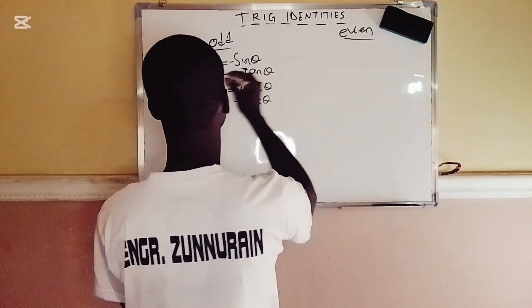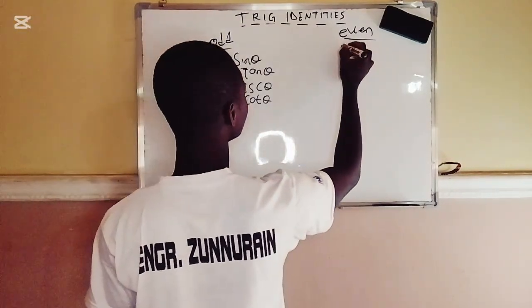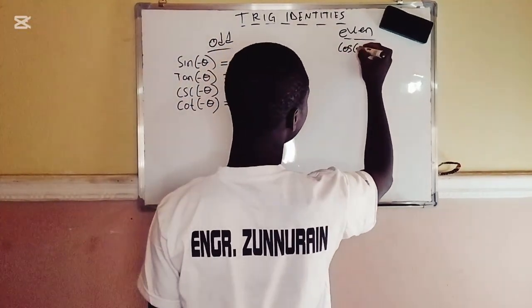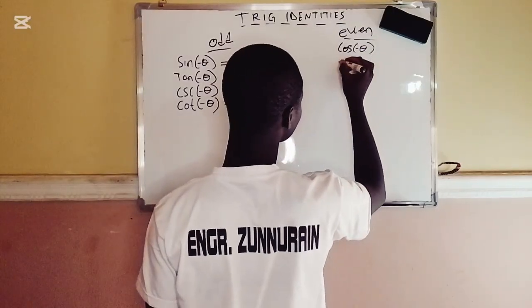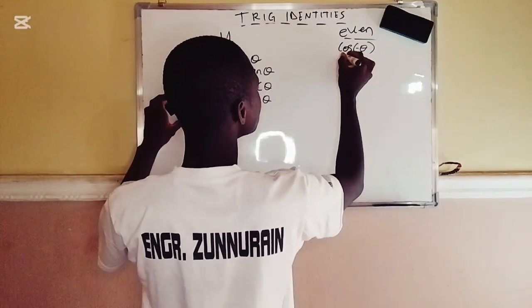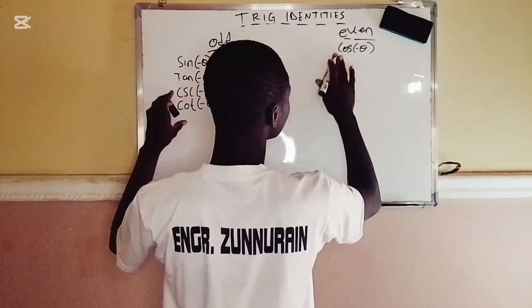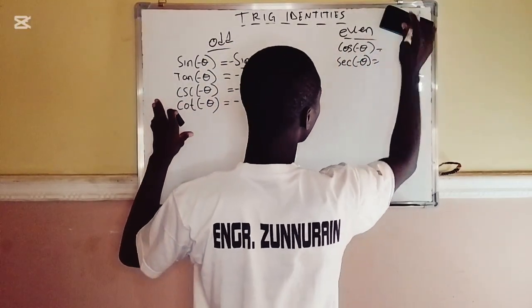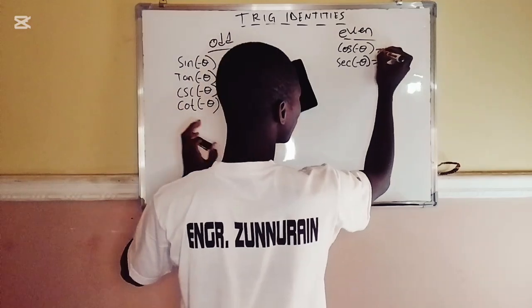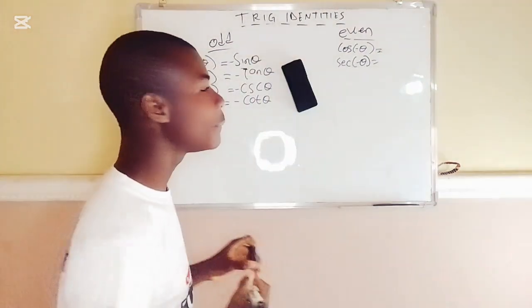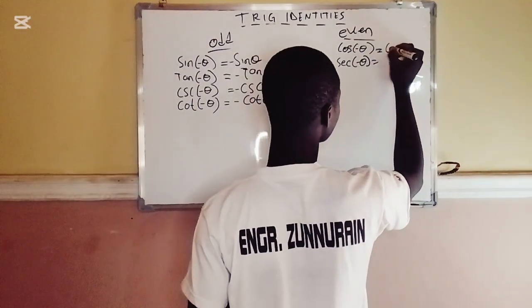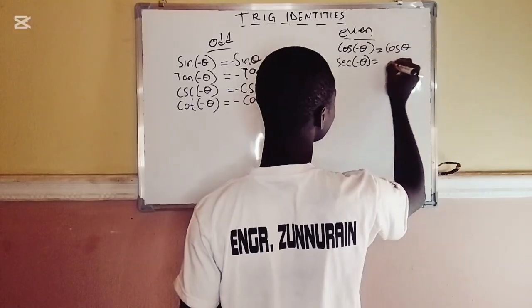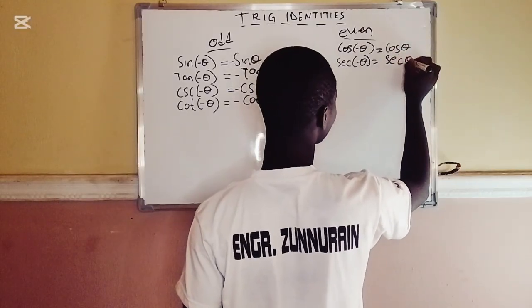But the even functions are cos of negative theta and secant of negative theta. If I say even, what should I mean? I mean it will be positive. So it will become cos theta and secant theta.